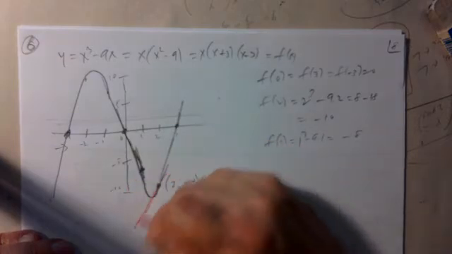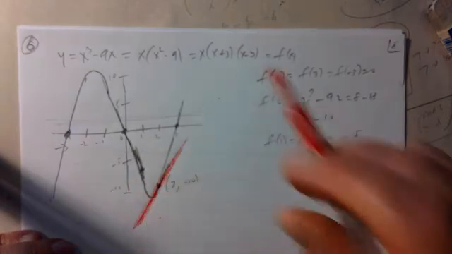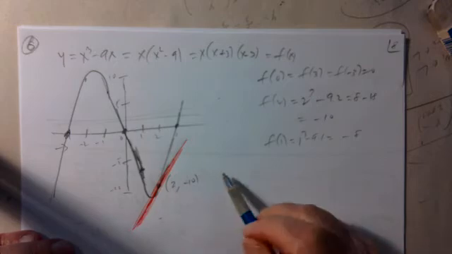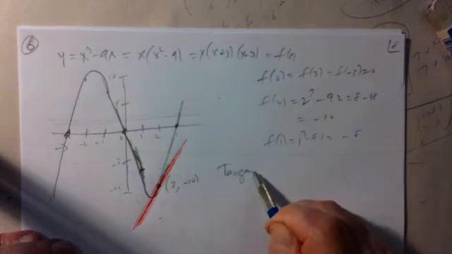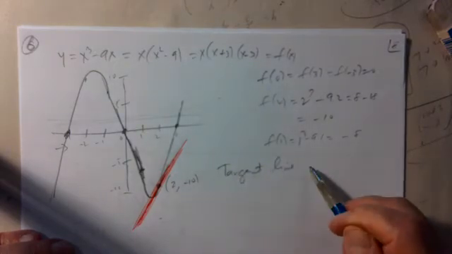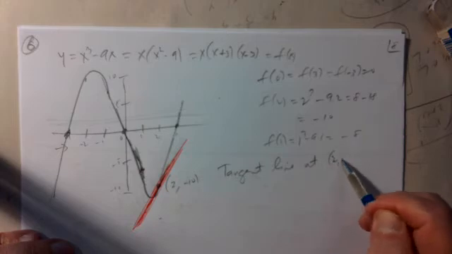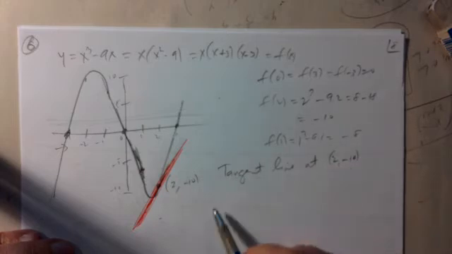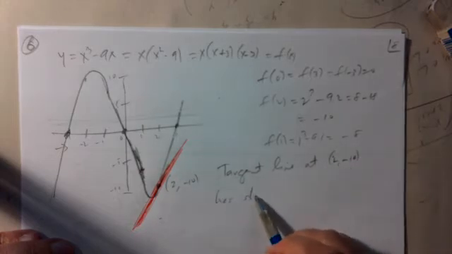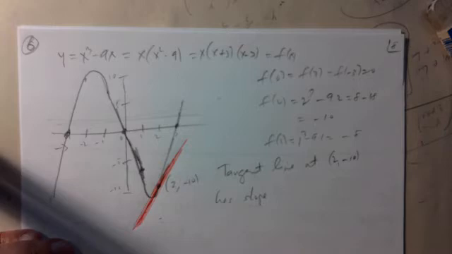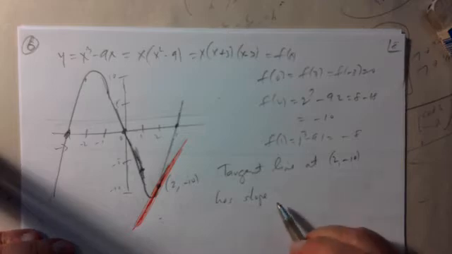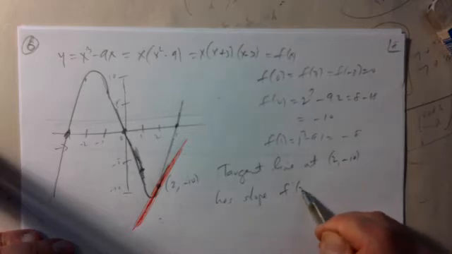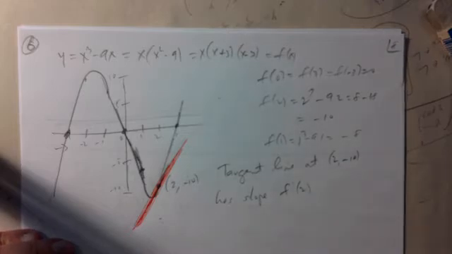So the tangent line at the point on the curve 2 minus 10 has slope. The geometric interpretation or meaning of the derivative is that the derivative at a point is the slope of the tangent line there. Has slope f prime evaluated at 2. What is f prime of 2?